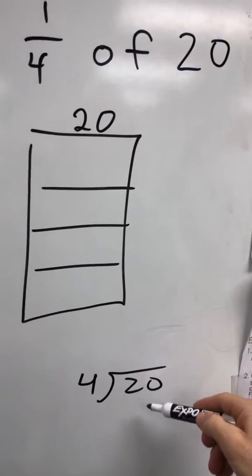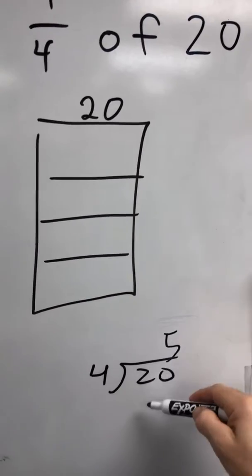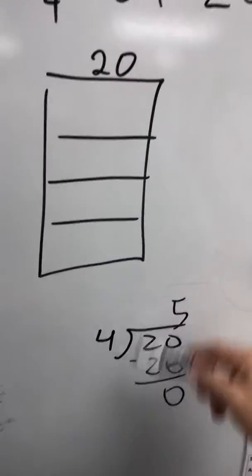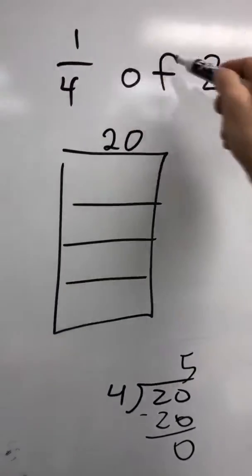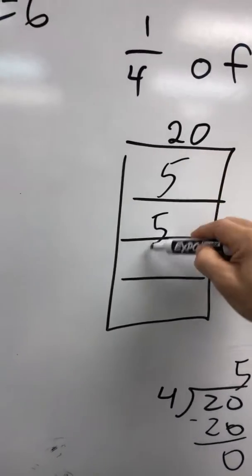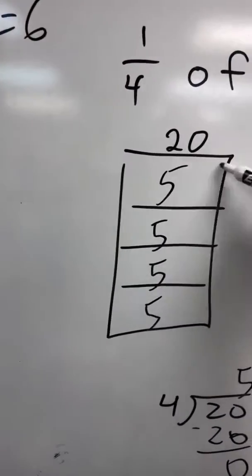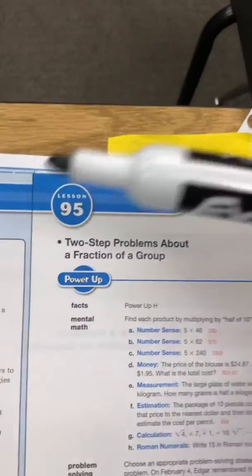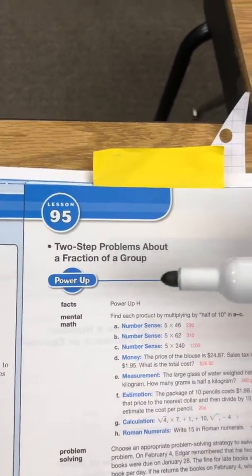Okay, 4 into 20. I know that's 5. 20, subtract, 0. It's a simple division problem. 1/4 of 20 equals 5. That's just review. Now our new concept is 2-step problems about a fraction of a group.